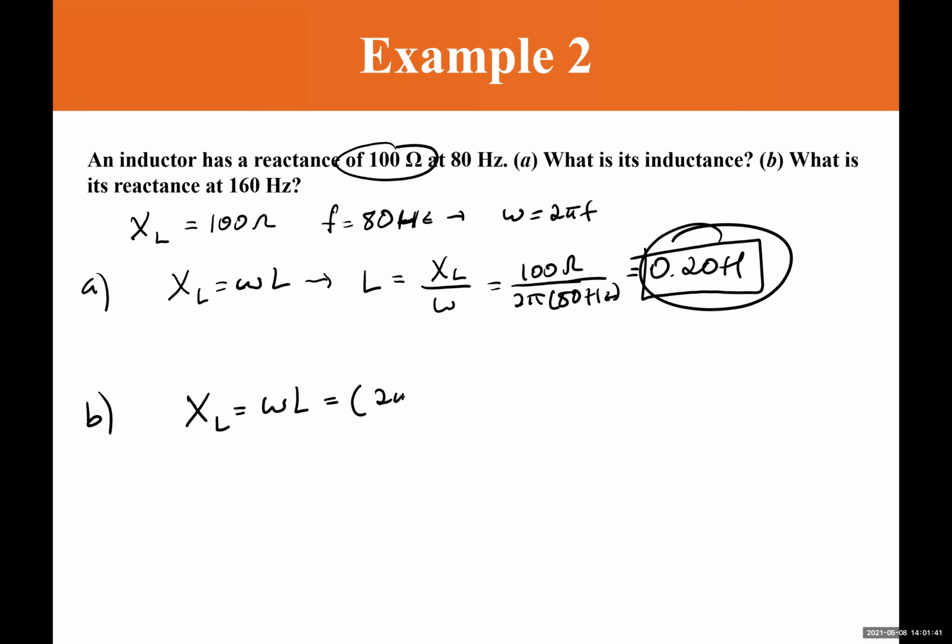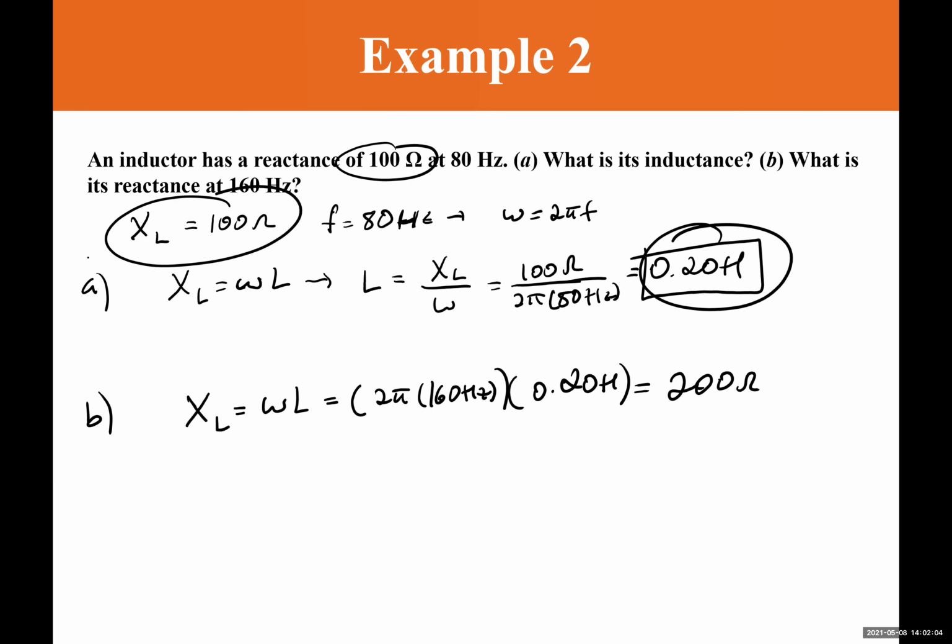This is 2 pi times, not 80 now, but 160 hertz, which is double, times 0.2 henry. We get 200 ohms, which makes sense because doubling the frequency gives you double the reactance.